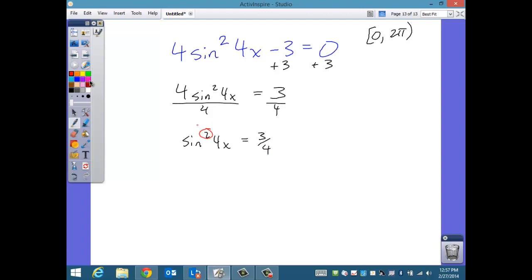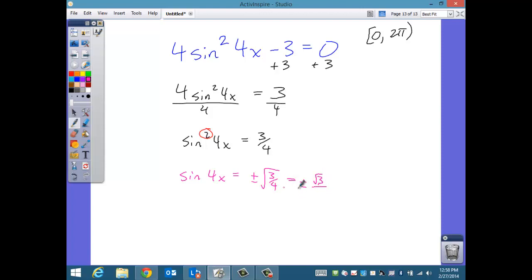Now, when you take the square root of both sides of an equation, you need to use this plus or minus symbol. Remember, it's because a negative squared is also a positive. So if sine of 4x equals the negative square root of this, when we square it, we're still going to get positive 3/4. Also, since we're taking a square root of a fraction, we can just do the square root of the top and the square root of the bottom.